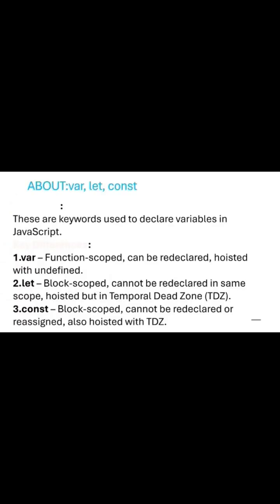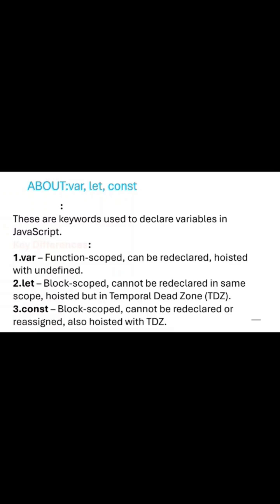And coming to scopes of variables: var, let, and const. These are keywords used to declare variables in JavaScript. Coming to the first one, var: function scope, can be redeclared, hoisted with undefined.